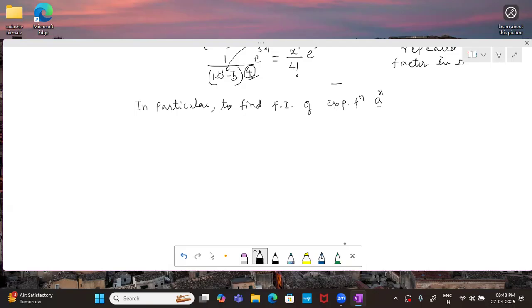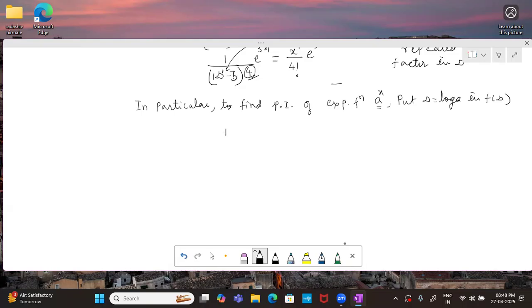This is also called the exponential function. The base is constant and the power is a variable. To find the PI of the exponential function a raised to x, put D is equal to log a in f of D. This is the rule for this particular case.